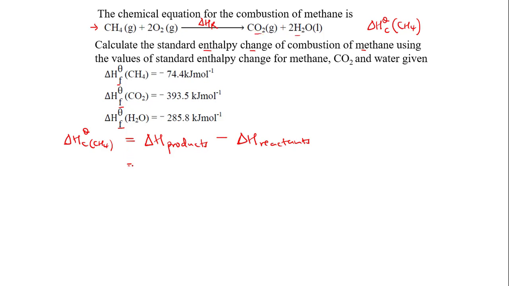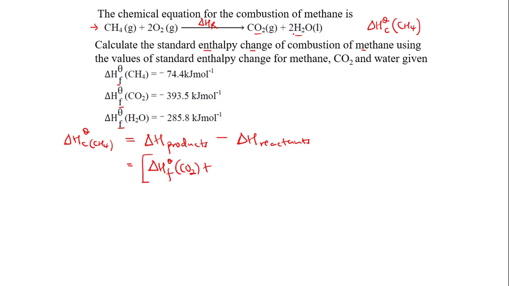So this means that, they have given us the enthalpy of formation of carbon dioxide. So we shall have the standard enthalpy of formation of carbon dioxide plus, we are under products, that of water.